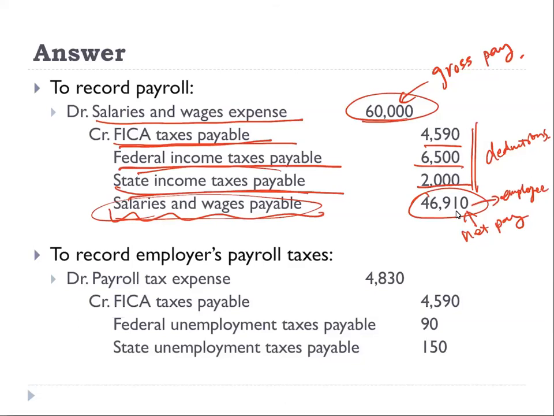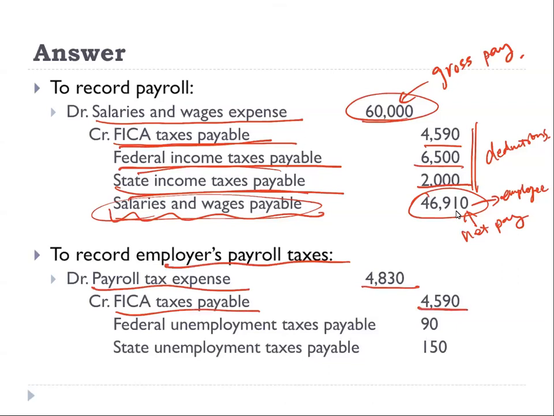The second journal entry the employer makes is to record the employer's payroll tax. Whenever the employer pays payroll to you, it needs to pay additional tax because they hired you. In this journal entry, we debit payroll tax expense, and they also accrue FICA tax payable.